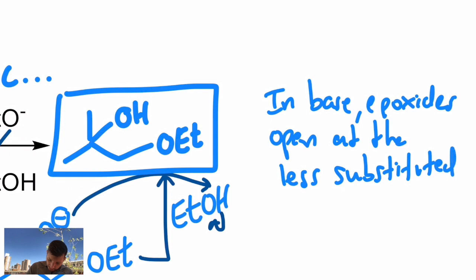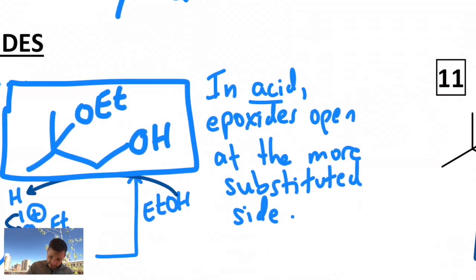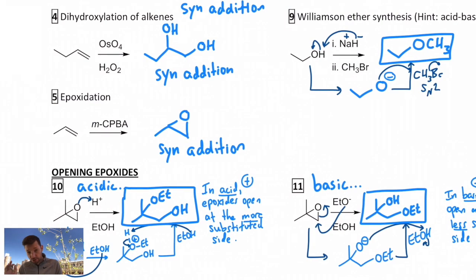And you know what you're in simply based on charge. Bases are anions. So when I say base, we're talking negative charges. Acids, we're talking positive charges. Okay, so that's a summary of all the reactions that you've seen so far, most of them, that make alcohols, and a couple that make ethers and epoxides, and just one main new one about opening epoxides.